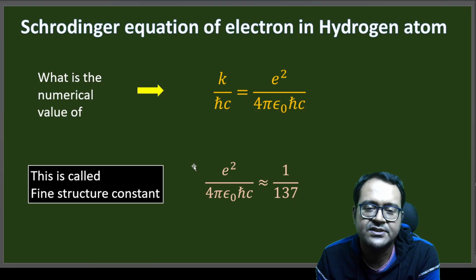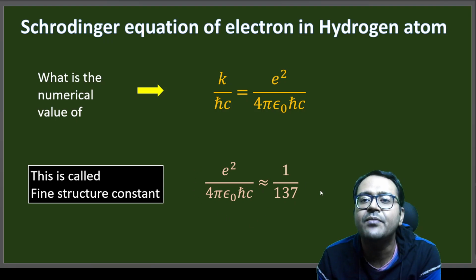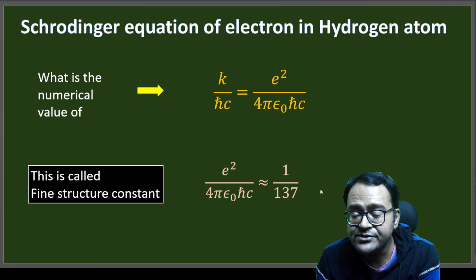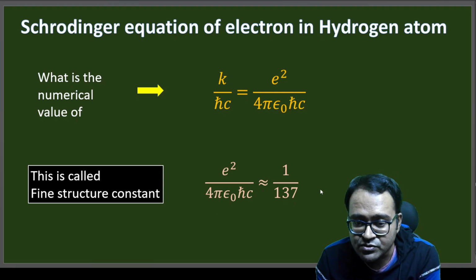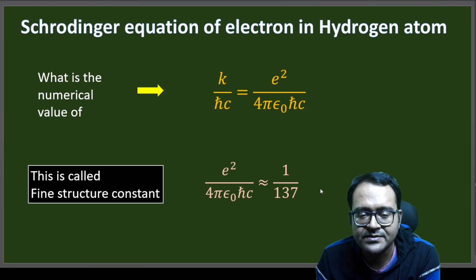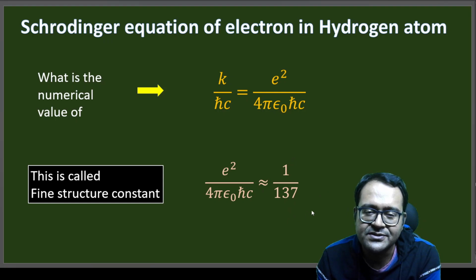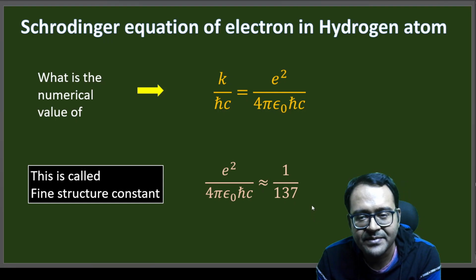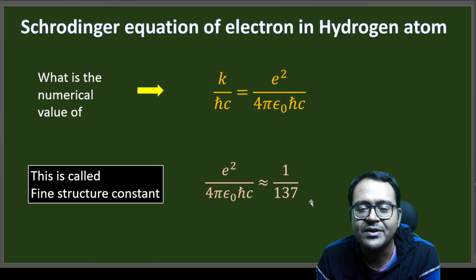As your physics study continues, you'll see this 1 by 137 is a very, very important parameter. It even extends to the ratio of strong force and electromagnetic force. This is sometimes called a coupling constant. It is very important in quantum electrodynamics, relativistic quantum mechanics, quantum chromodynamics, and all of particle physics.